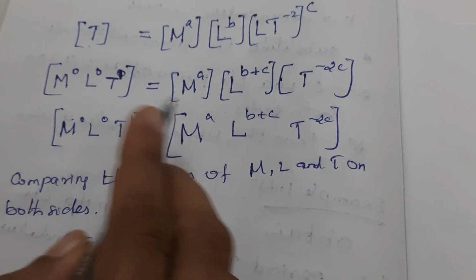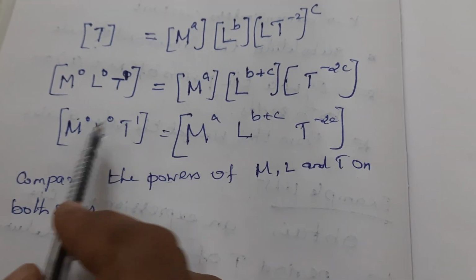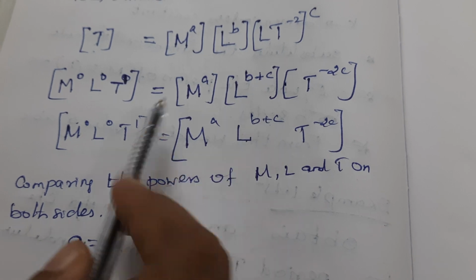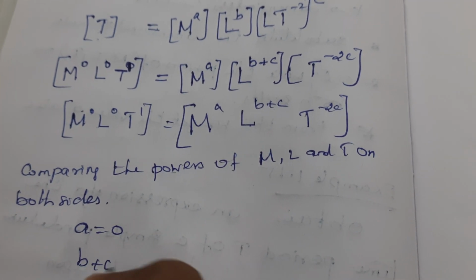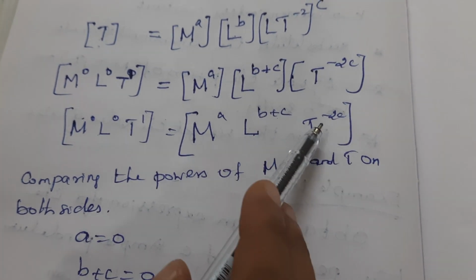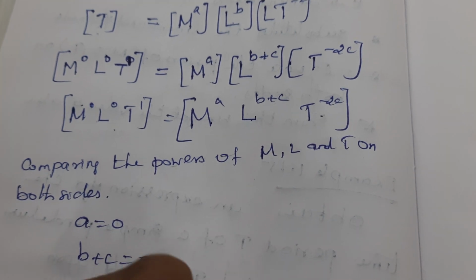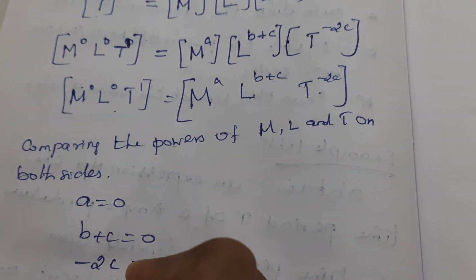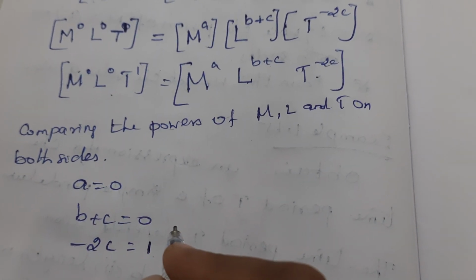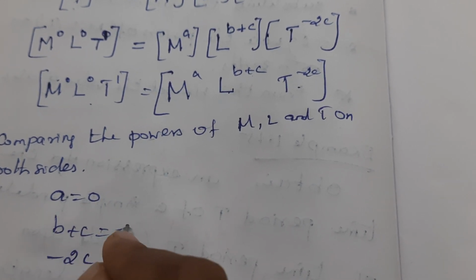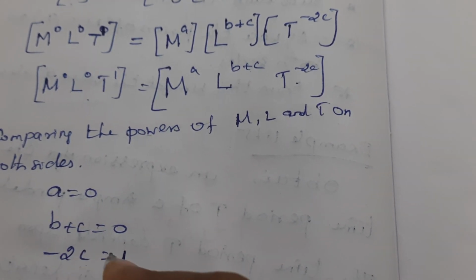Comparing the power of M, a equal to 0. Comparing the power of L on both sides, b plus c equal to 0. Comparing the power of T on both sides, minus 2c is equal to 1. So a equal to 0, b plus c equal to 0, minus 2c equal to 1.